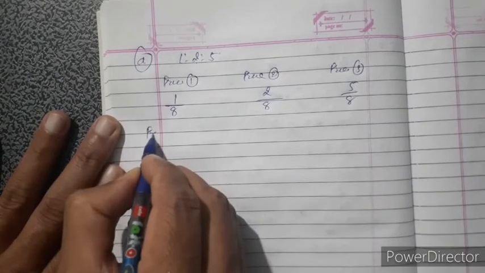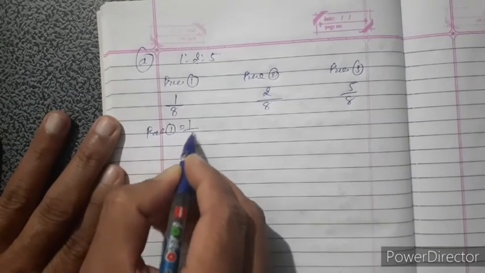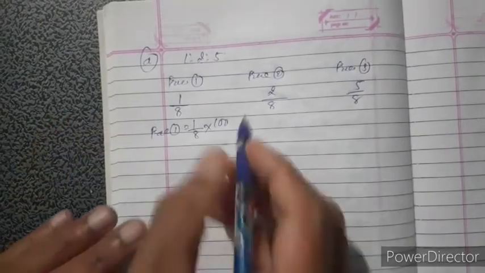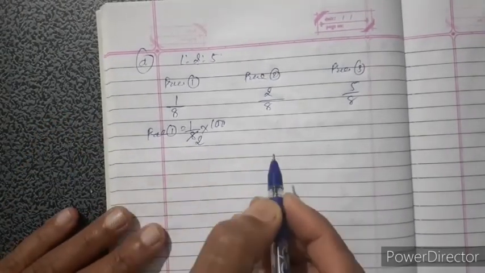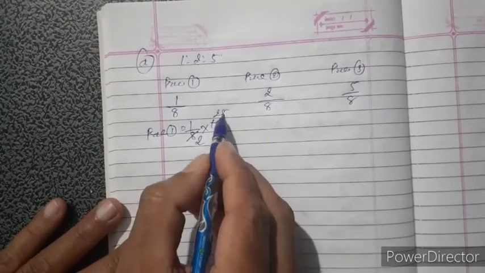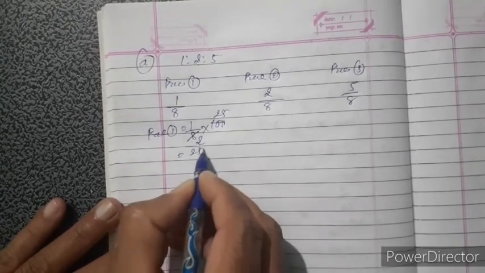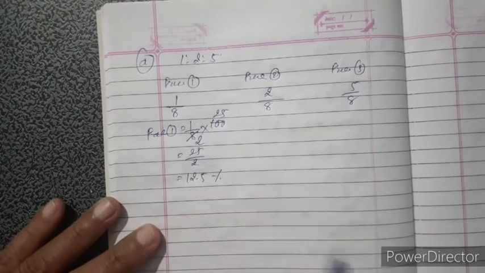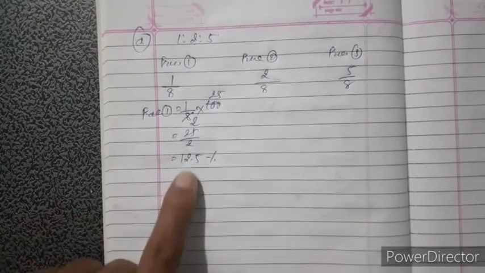So look, fraction 1 equal to 1 upon 8 into 100 to convert into percentage. Now 2 4s are 8 and 25 4s are 100. 25 ones are 25 divided by 2, that is 12.5 percentage. Here we get a decimal number.